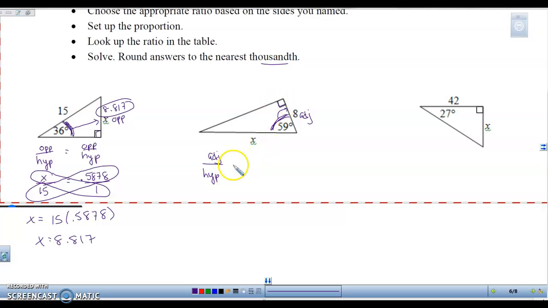So my ratio for this one is going to be adjacent to hypotenuse. Adjacent, in this case, is 8. The hypotenuse is x.